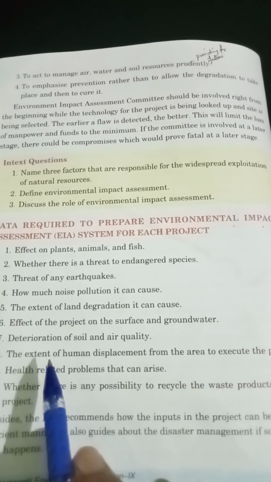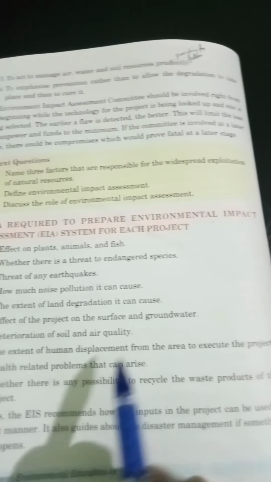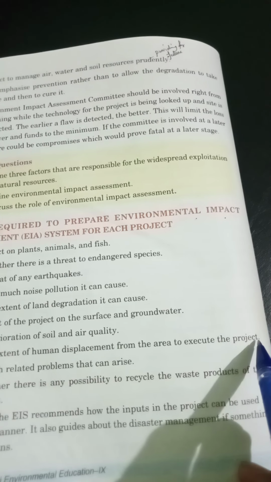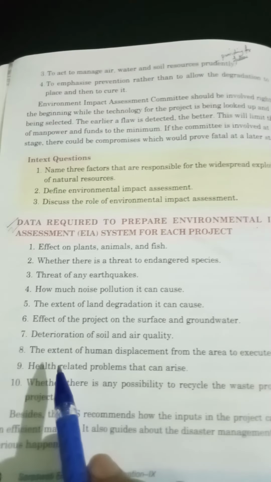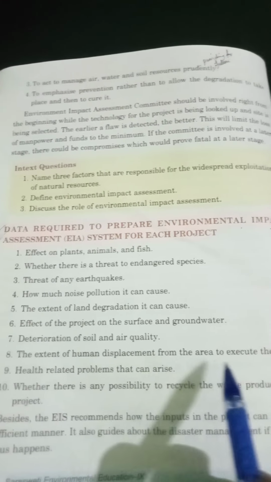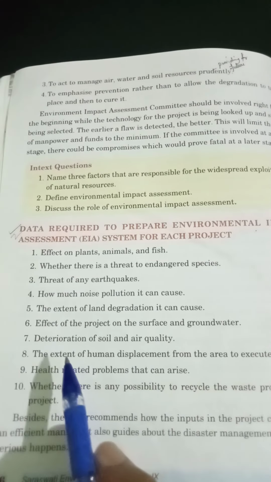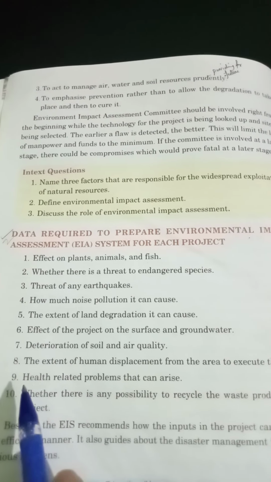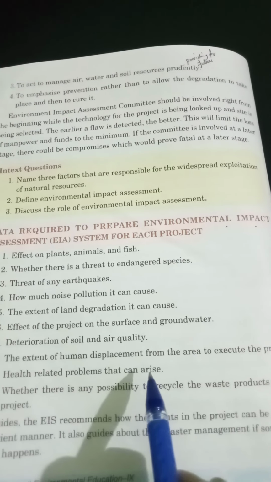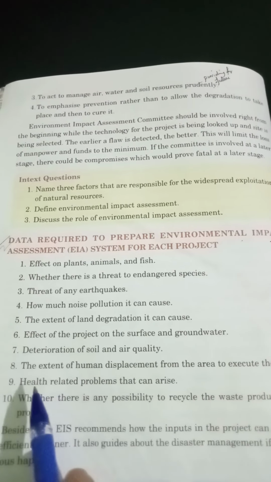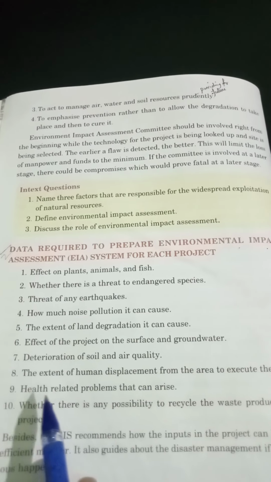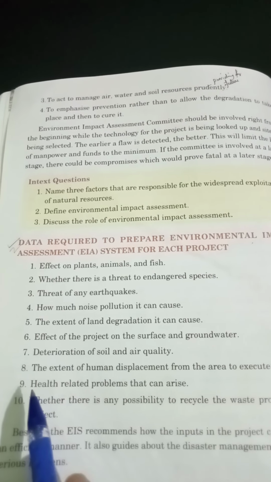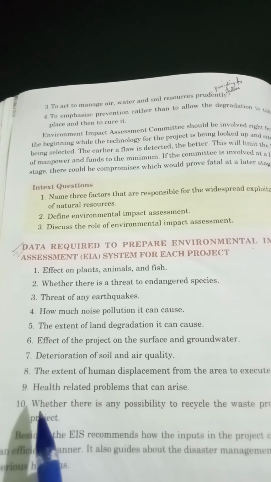Whether this human displacement is necessary, and if necessary, to what extent it will have an impact on people's life. That also must be checked before this statement is issued. Number nine is health related problems that can arise. This is also important, whether the health of humankind or any other animal or species may be threatened by this kind of developmental work.